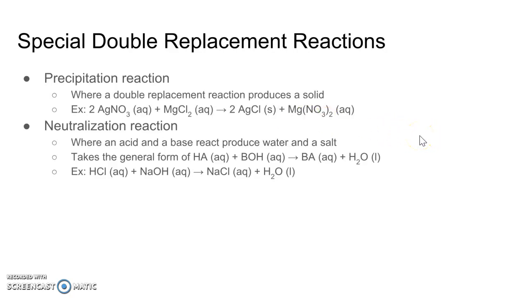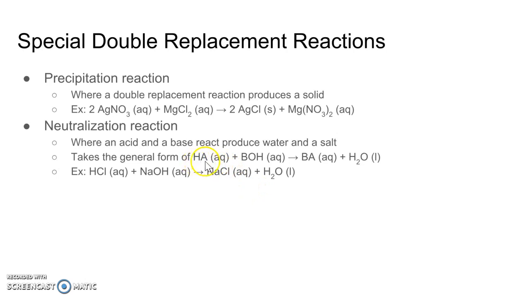Neutralization reactions are where an acid and a base react to produce water and a salt. And remember, when we say a salt in chemistry, all that means is that there's a metal and a non-metal as my final components here. Yes, in this particular case I have sodium as my metal and chloride as my non-metal, but when we use the word salt in chemistry, it does not necessarily mean sodium chloride.